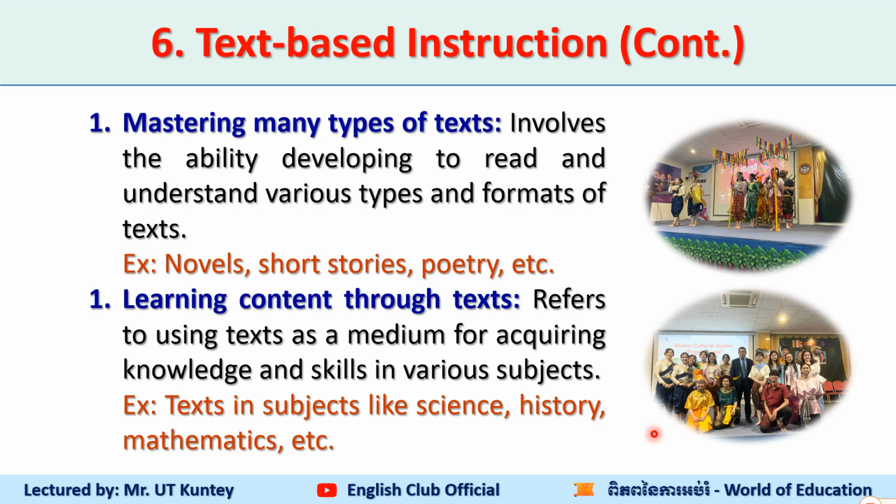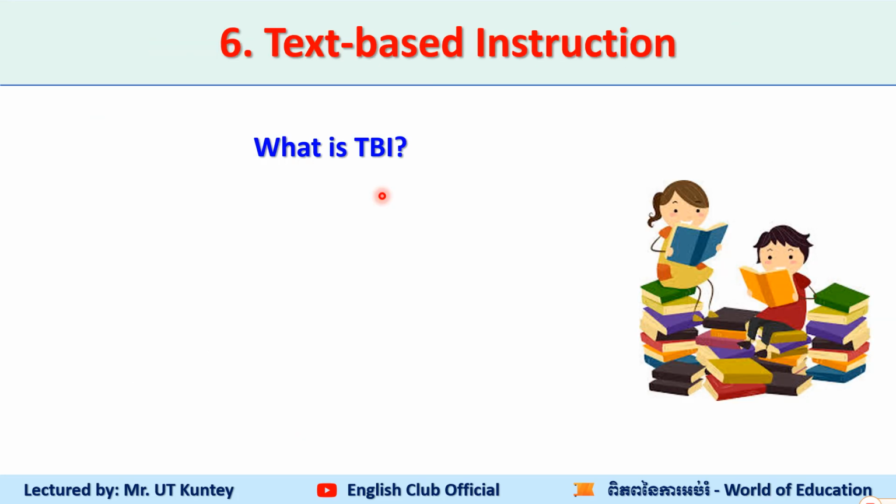And for TBI, we refer to the text or the passage. It means we get students reading many different types of text or passage. For example, text related to a novel, to a story, to subjects, or to any purposes. But here I just cover two levels of learning through the TBI.